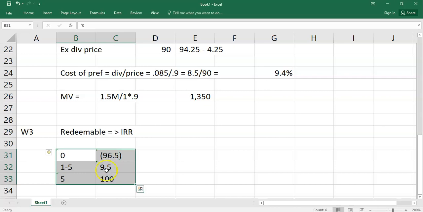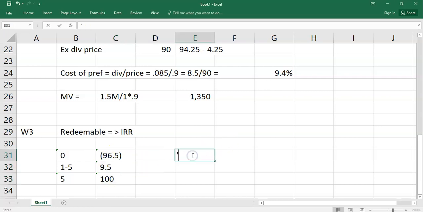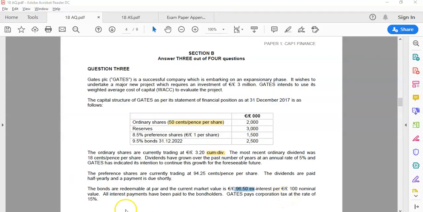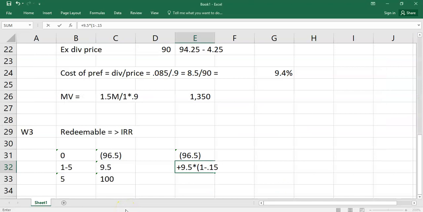Step 2 is you adjust for tax, because we know interest on debt is tax deductible. So what we do is we rejig these figures to say it's still 96.50, but this now will be 9.5 times 1 minus the tax rate. So it's going to be 1 minus 0.15.